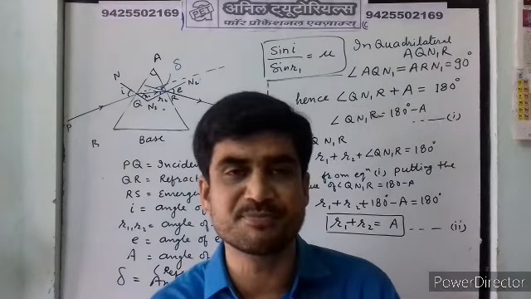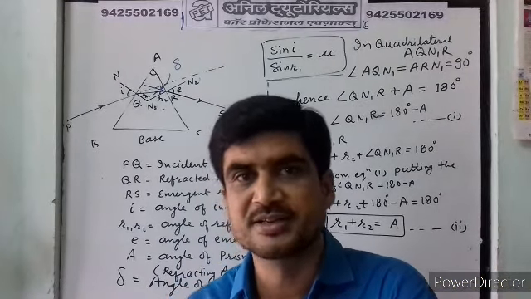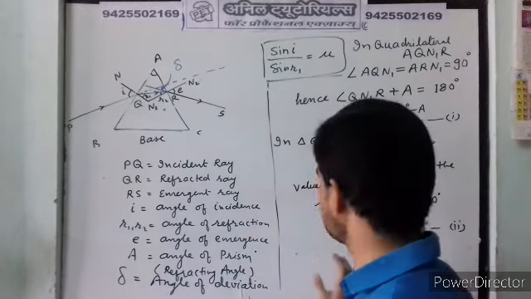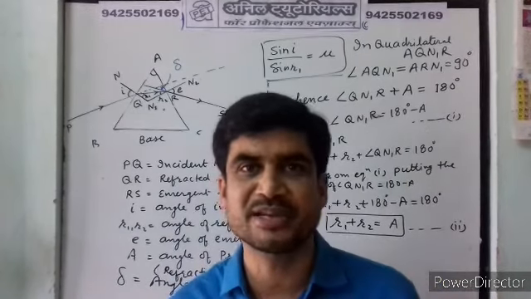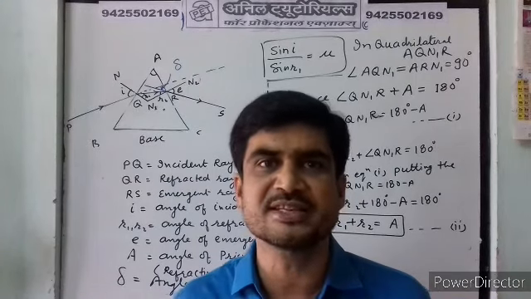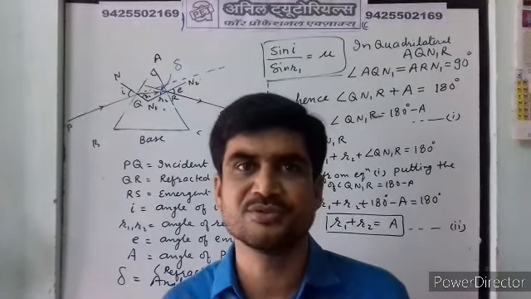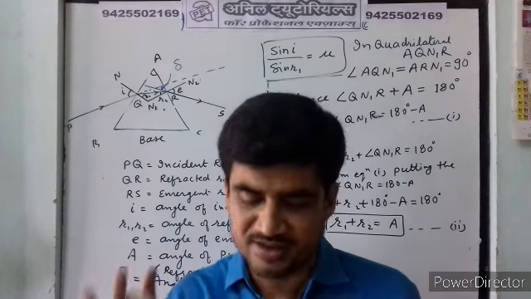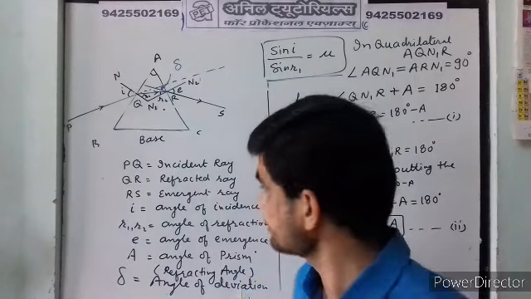Whatever the type of prism, it holds good. This is a kind of theorem, applicable to any kind of prism: always R1 plus R2 is equal to A. Clear? Now we proceed further.